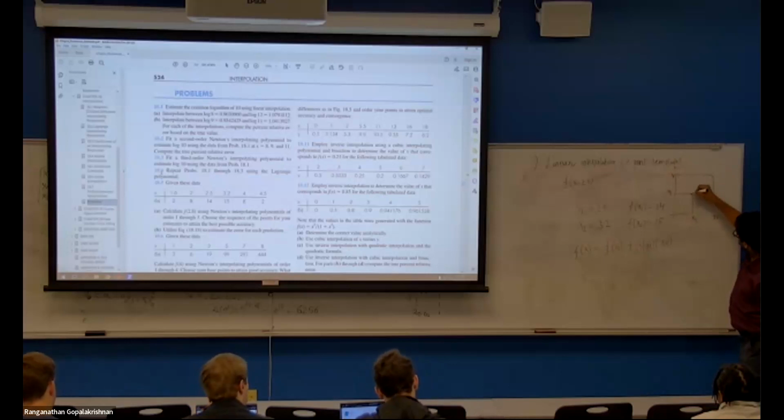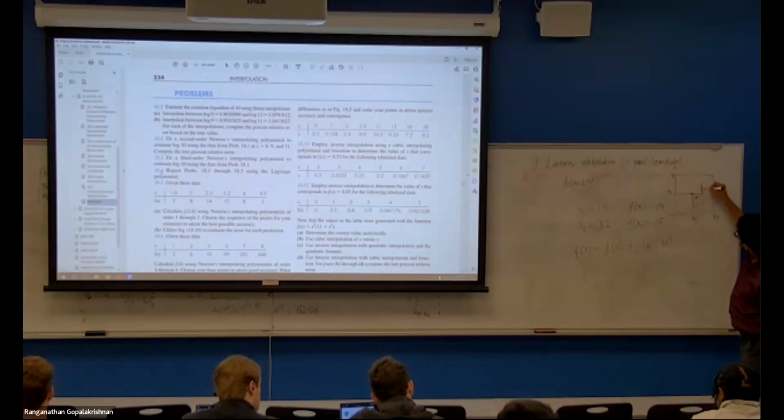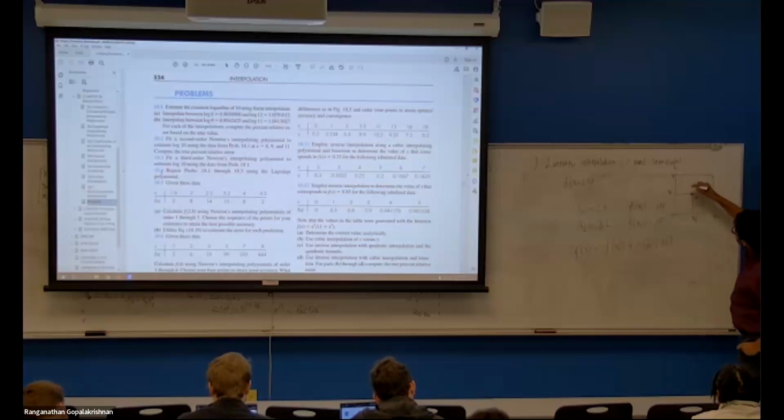And here is my line. If I start here, this is delta x. What is this distance? That is slope times delta x. Slope equal to m.